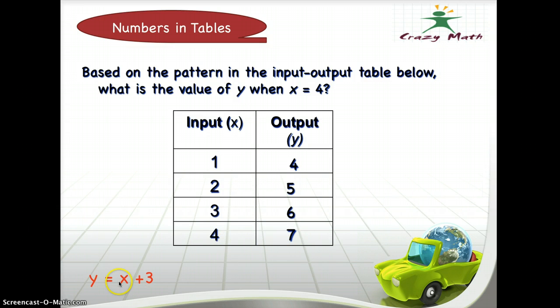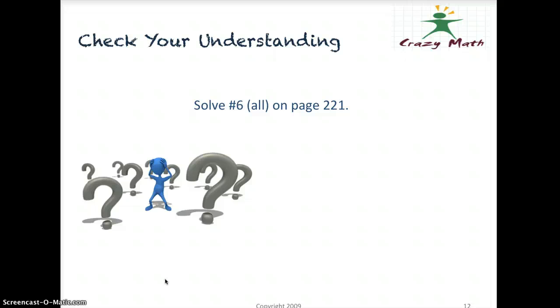So your rule is y is equal to x plus 3. Now, go and find your textbook and solve number 6, all of the questions under number 6 on page 221 to check your understanding. It will ask you to write down the rules or function of the table given to you.